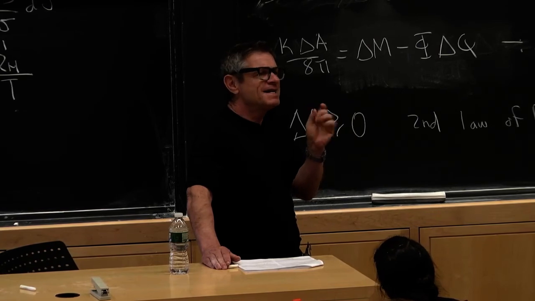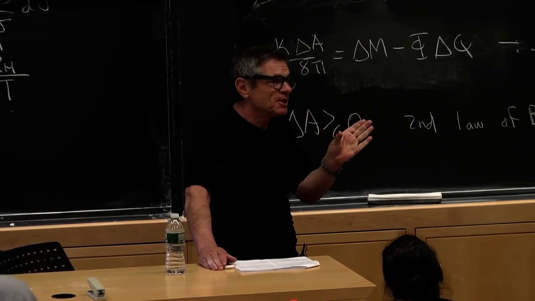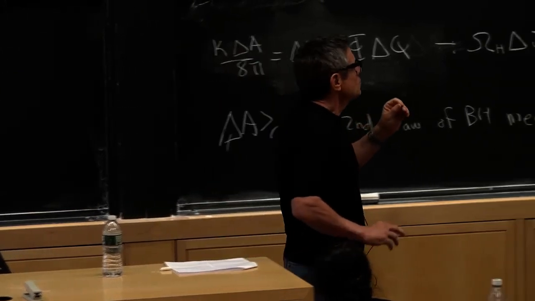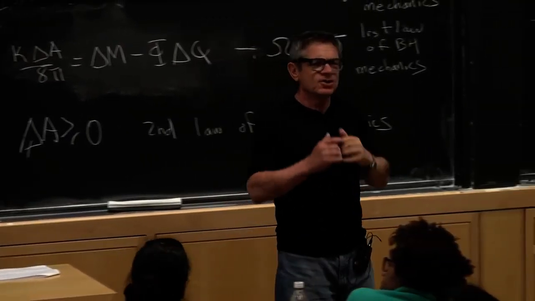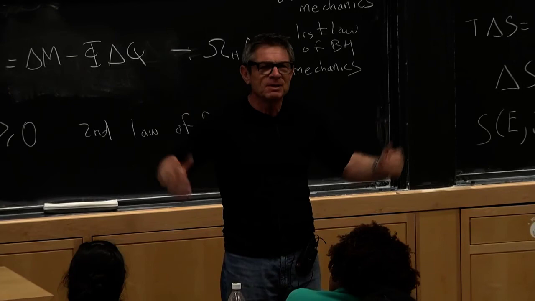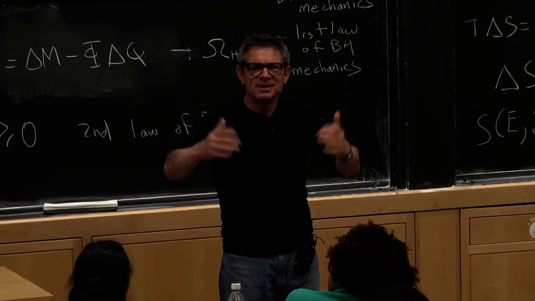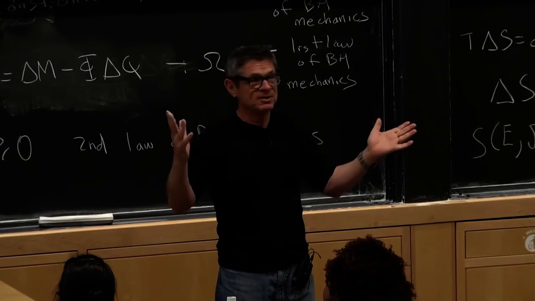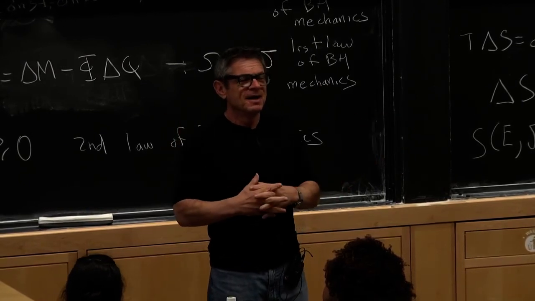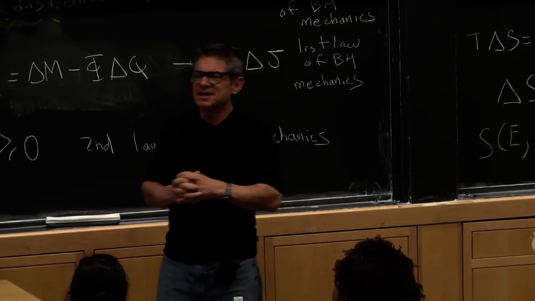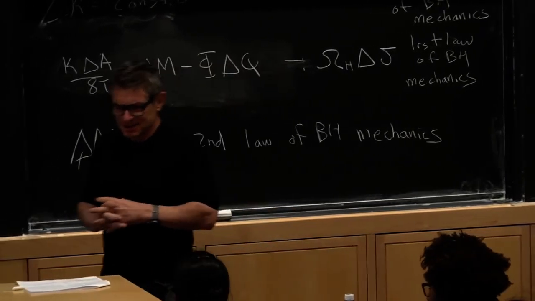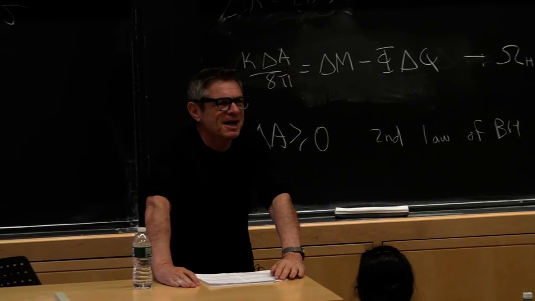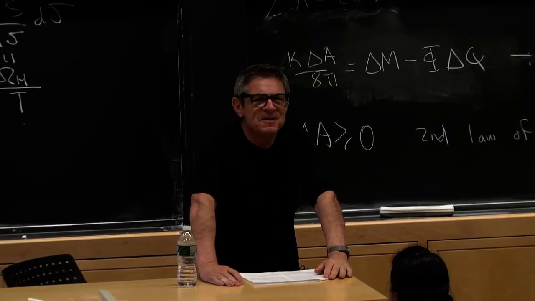Part of the idea behind cosmic censorship, which we were talking about a few minutes ago, is that we shouldn't be worried about a singularity inside the black hole, because inside the black hole is not part of the universe. We only care what happens outside the black hole. It sounded a little weird at the time, but it was a great idea.